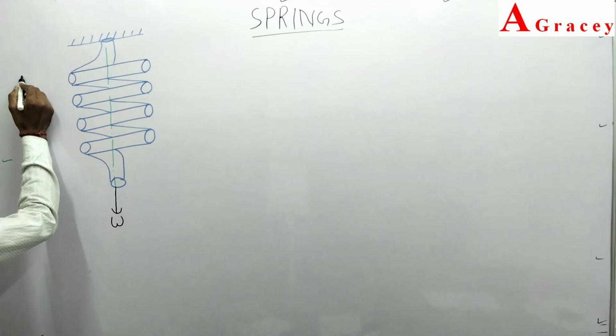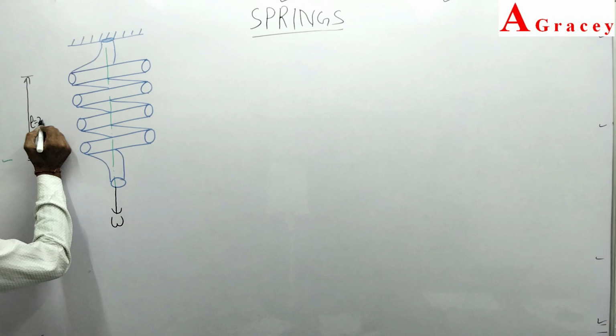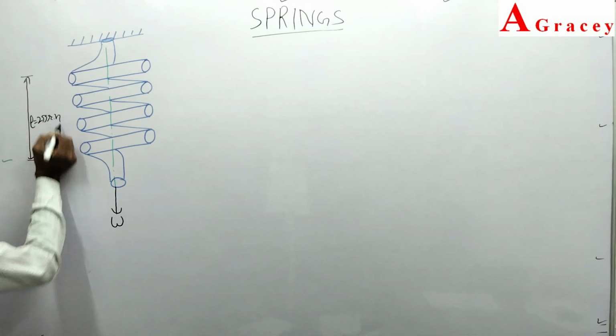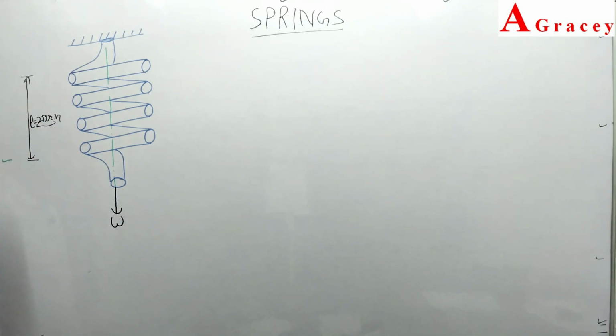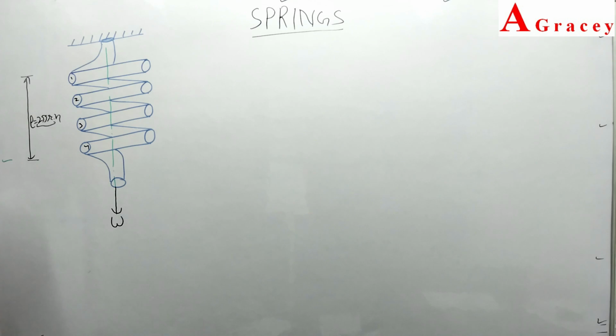So due to this, the L is 2 pi R n, where 2 pi R is the circumference of the circle and n is the number of turns. The number of turns here is 1, 2, 3 and 4. So these are the number of turns.